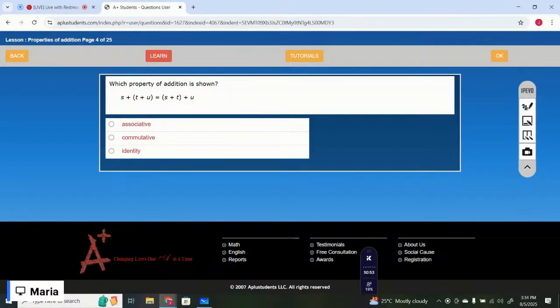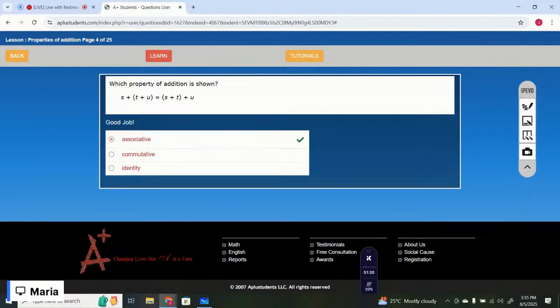Which property of addition is shown? That is the associative property. Option number 1 is the correct option.